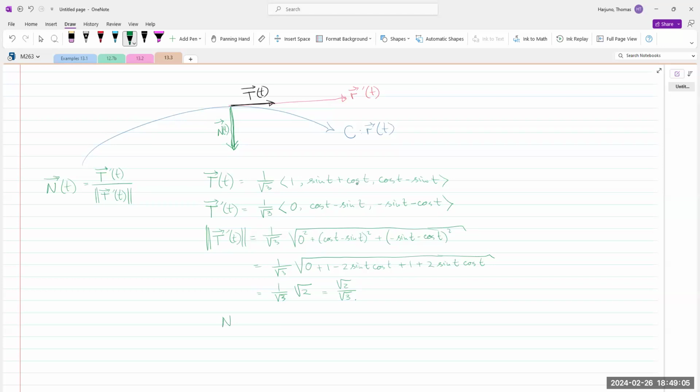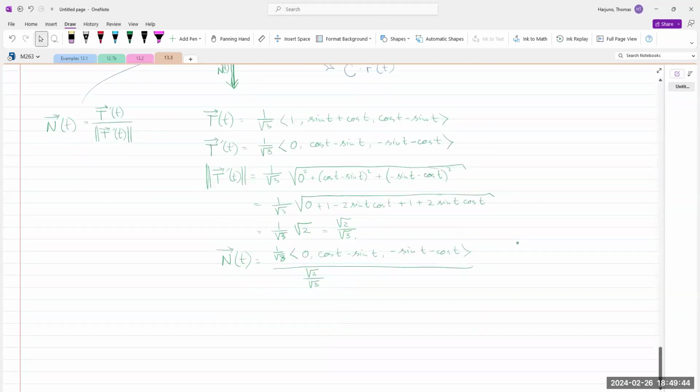Now, then what is the unit normal vector? The unit normal vector will be the T prime t, 0, cosine t minus sine t, and then negative sine t minus cosine t, divided by square root of 2 over square root of 3, which is equal to 1 over radical 2 times that.